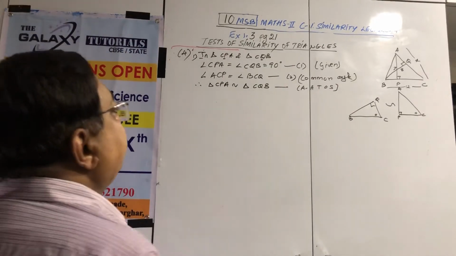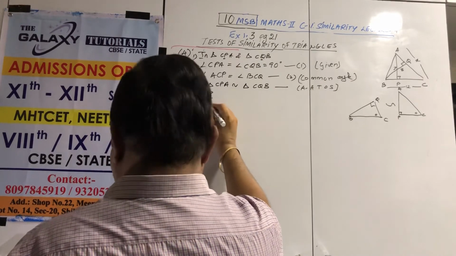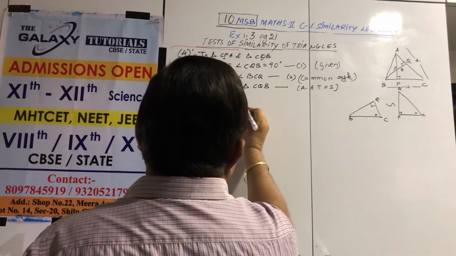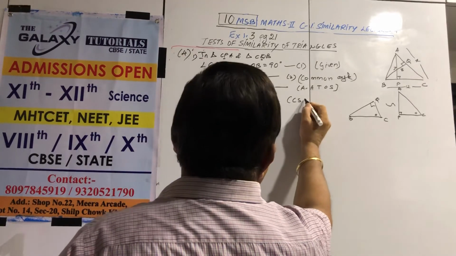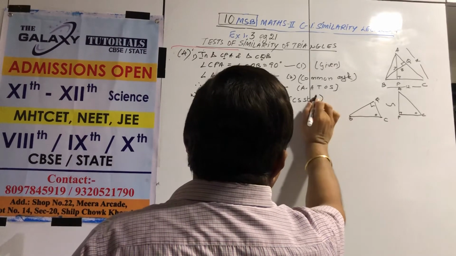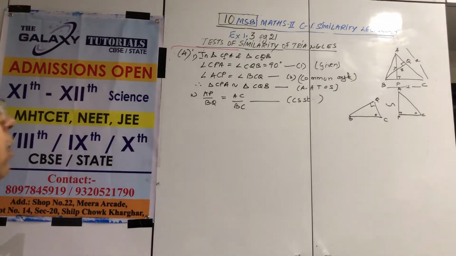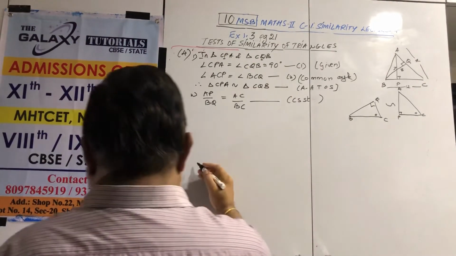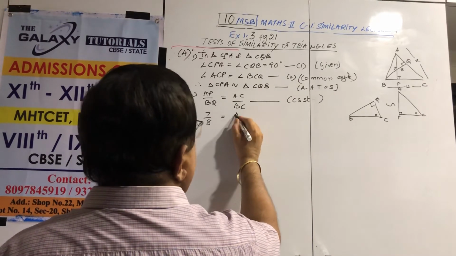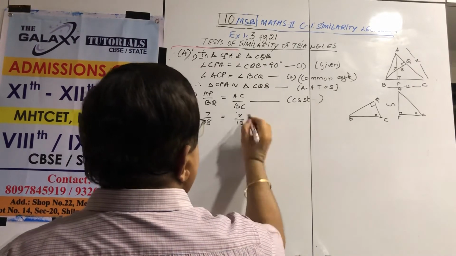Now, this is the first part we have done. Second part. AP upon BQ is equal to AC upon BC. Reason: corresponding sides of similar triangles are in proportion, CSST, right? Full form. Now putting the values, 7 upon 8 is equal to AC upon 12, where AC is x.